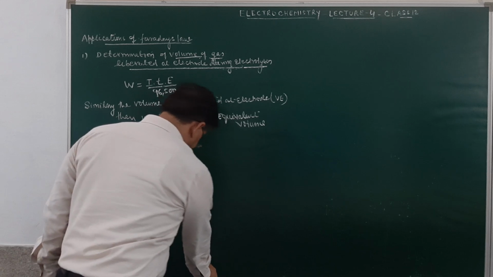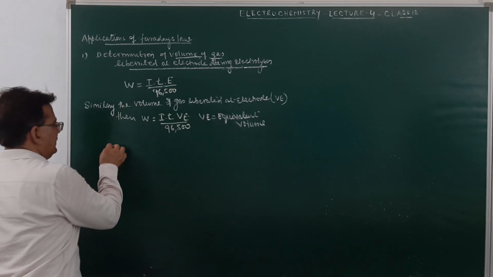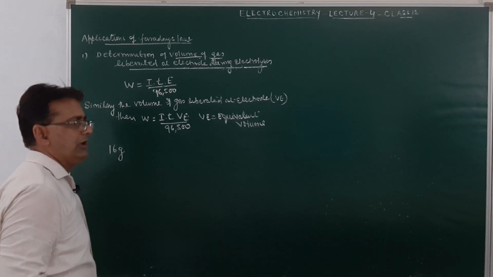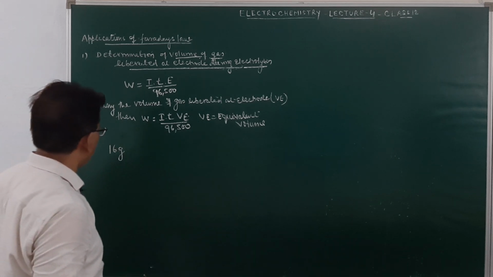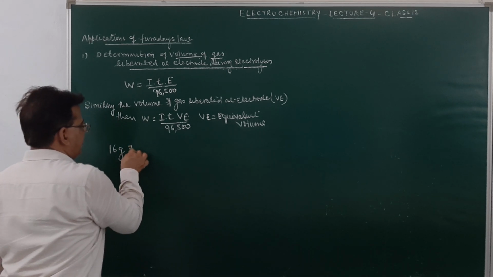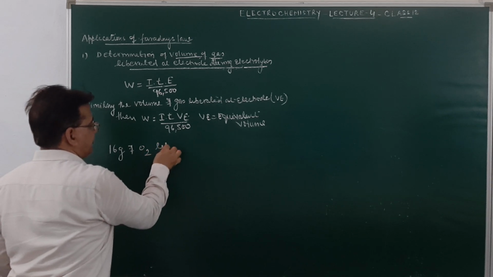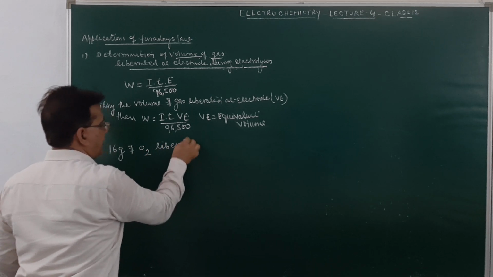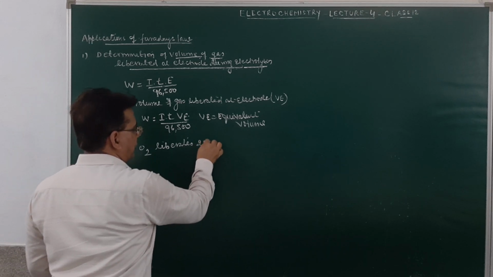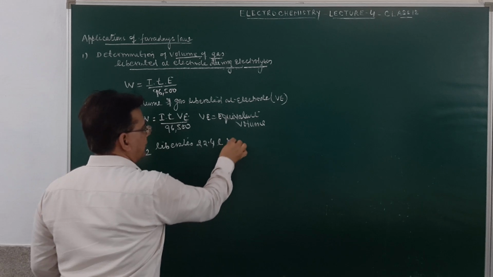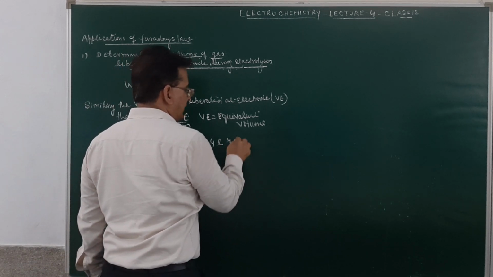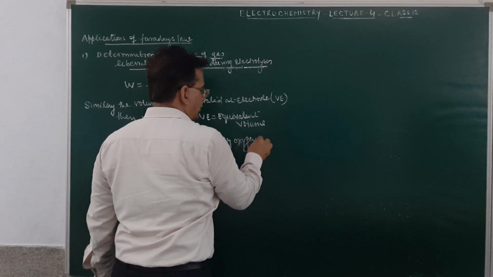What does it mean? Suppose we have 16 gram of oxygen. Now, 16 gram of oxygen liberates what volume of oxygen? 16 gram of oxygen liberates 22.4 liter of oxygen at the electrode.